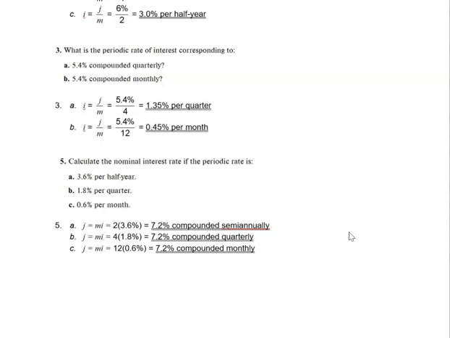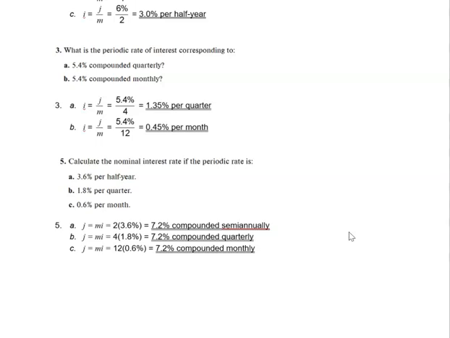So for A, we have per half year or semi-annual. So that represents 2 because it's compounded twice in a year, multiplied by your periodic interest of 3.6%, gives you 7.2% compounded semi-annual. 7.2 represents the annual interest rate, or the nominal interest rate.